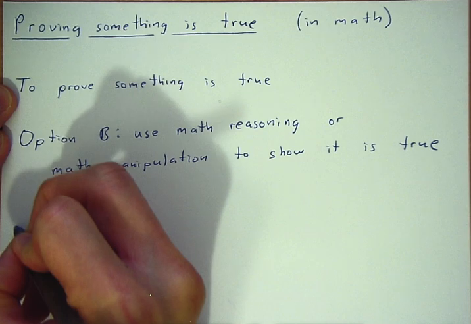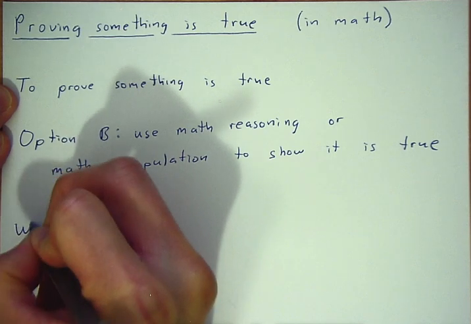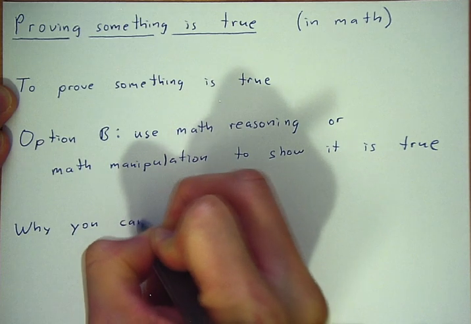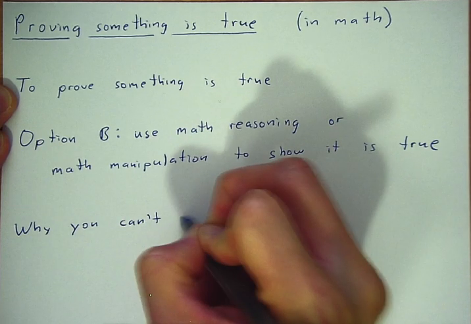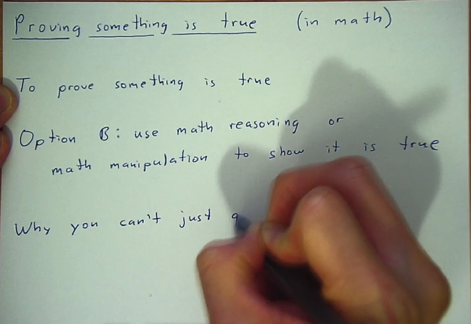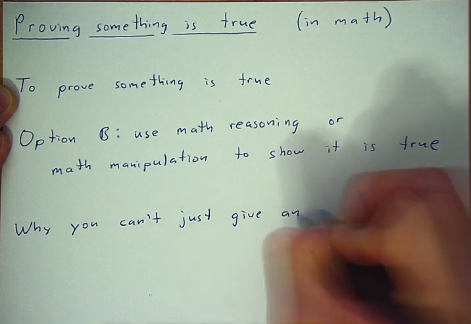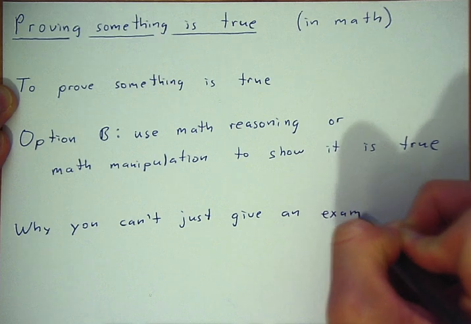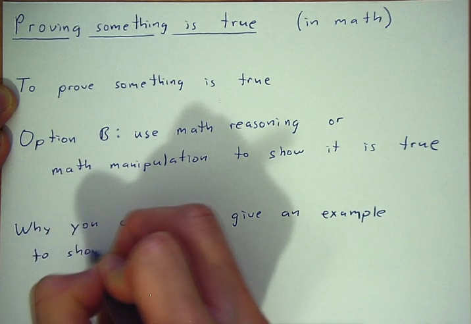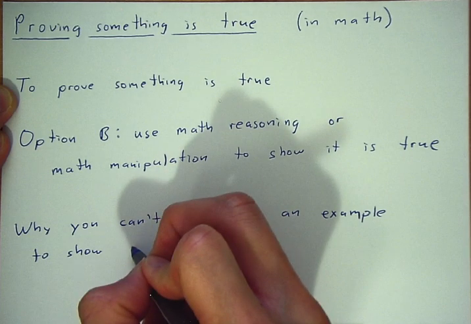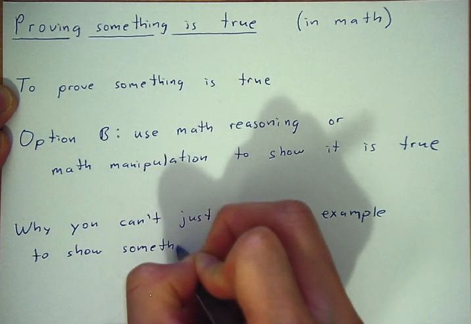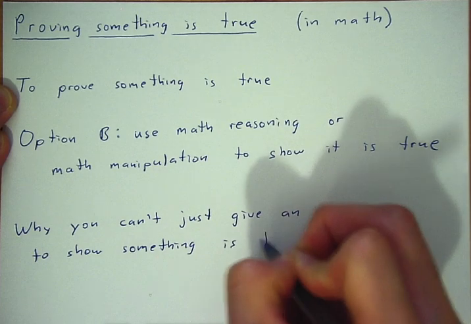So let's give an example of why you can't just give an example to show something is true.